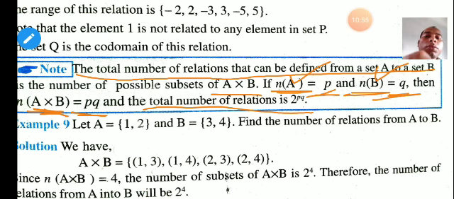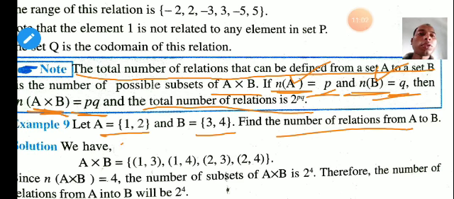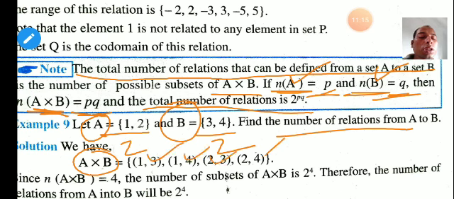So we will see one example here. Let A be {1, 2} and B be {3, 4}. Find the number of relations. So we have two elements here. The cardinality of A is 2, the cardinality of B is 2. So the cardinality of A cross B will be 4. You can check, 4 pairs are there. So n(A cross B) equals 4.